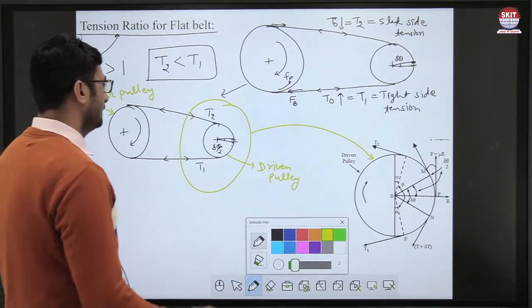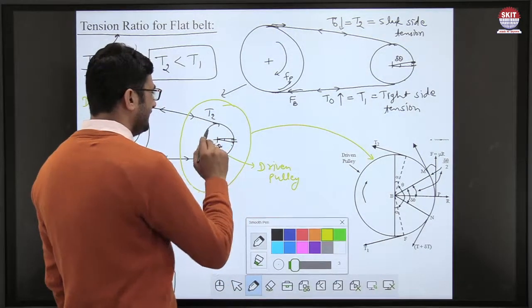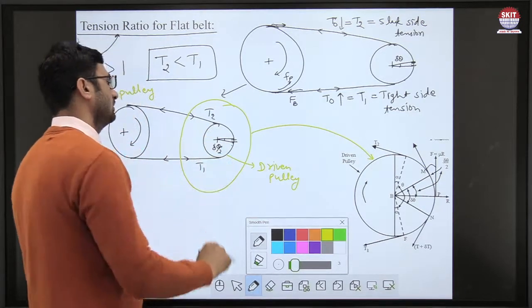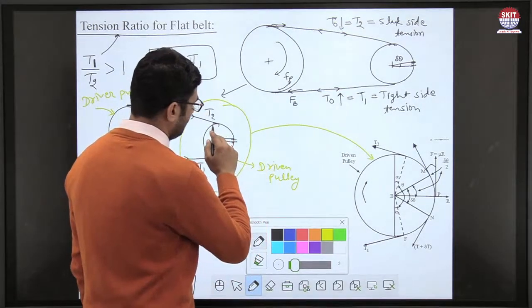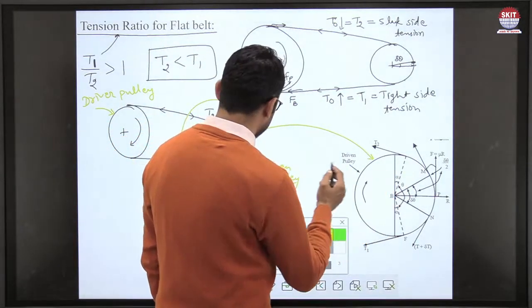On the driven pulley, first the belt moves. After that, the driven pulley moves. We draw the diagram separately.